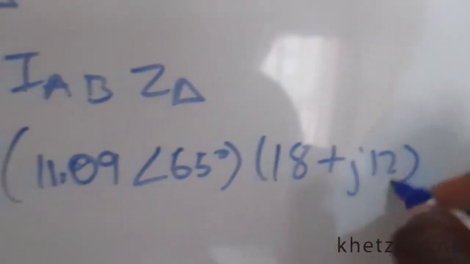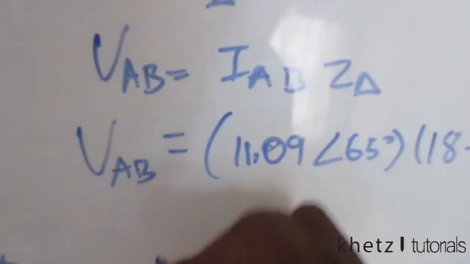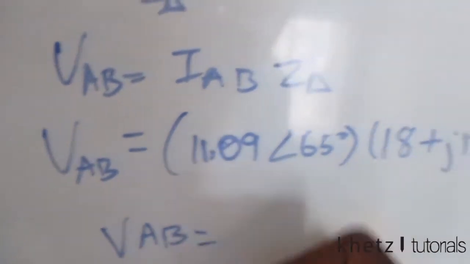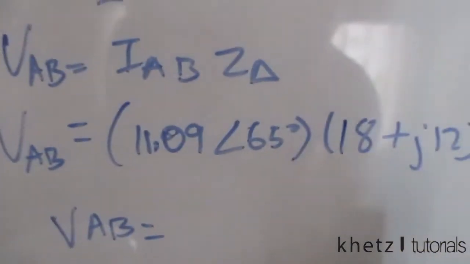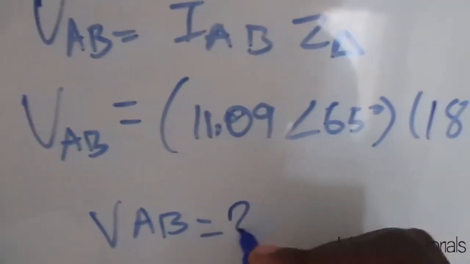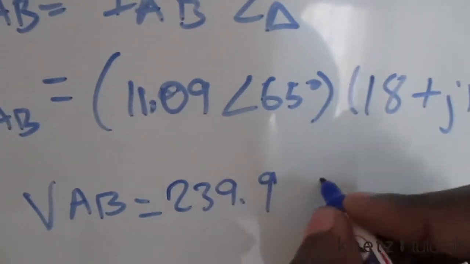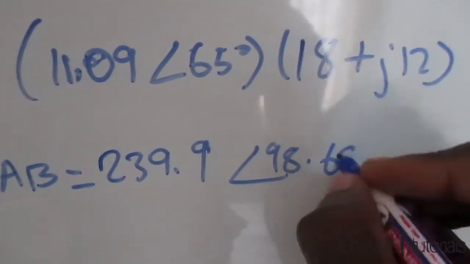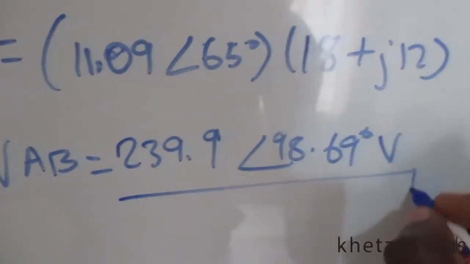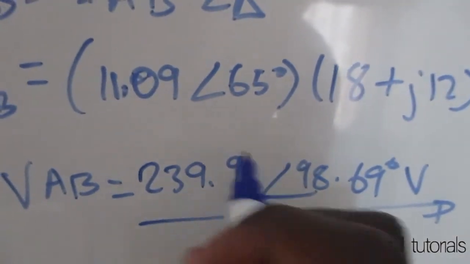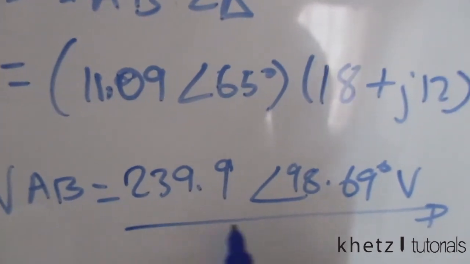After putting this into your calculator, you should expect a VAB of 239.9 with an angle of 98.69 degrees in volts, which is quite close to the 240 given in the textbook.